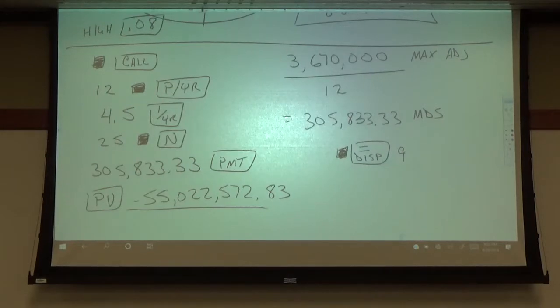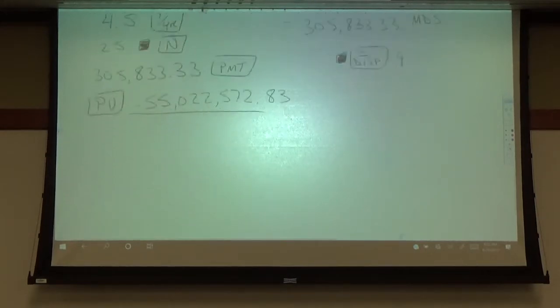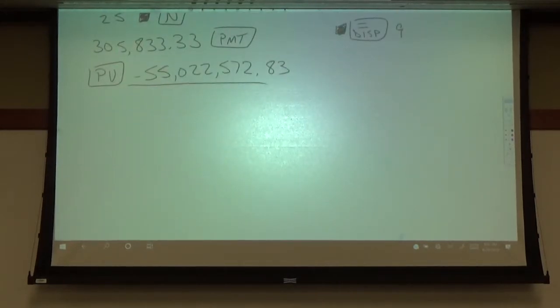So if that is, in this case, the loan amount, we are able to, in essence, from that, say that the down payment was what percent for this property? 25%.